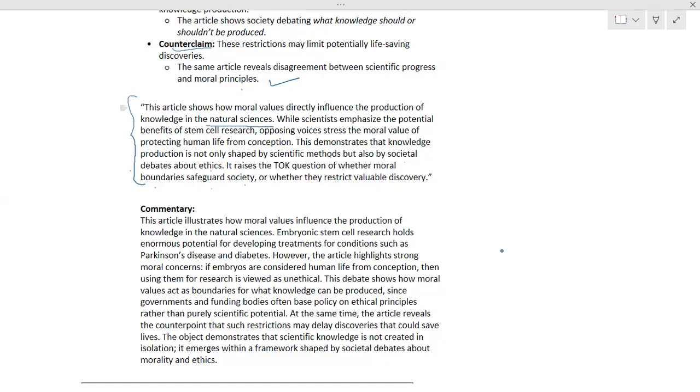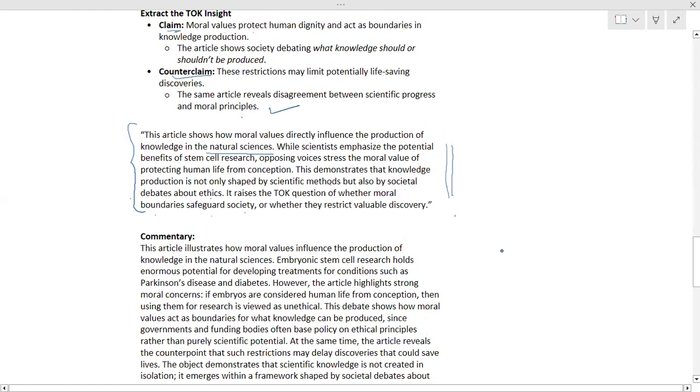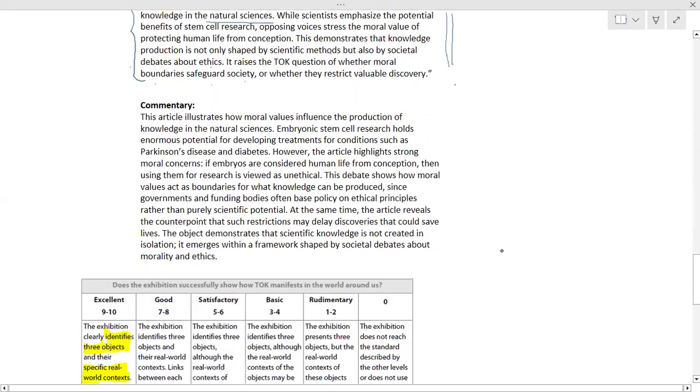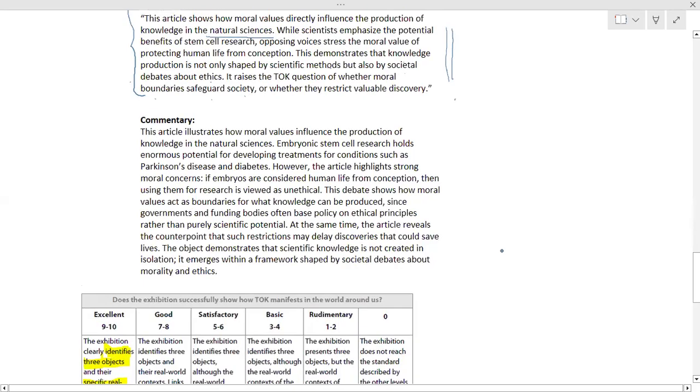So from our earlier discussion, this is the outline that we have been able to make for our final commentary based on Object 1, which is a specific newspaper article which was published in the New York Times.